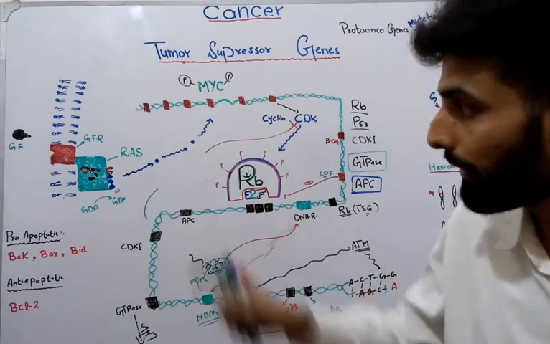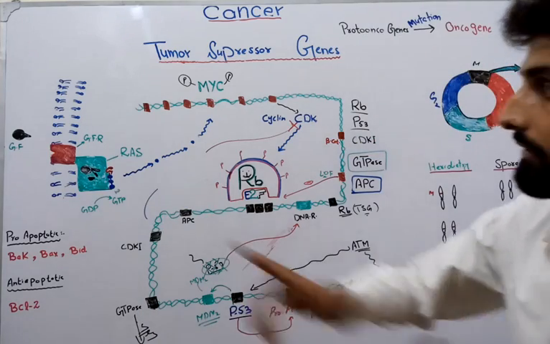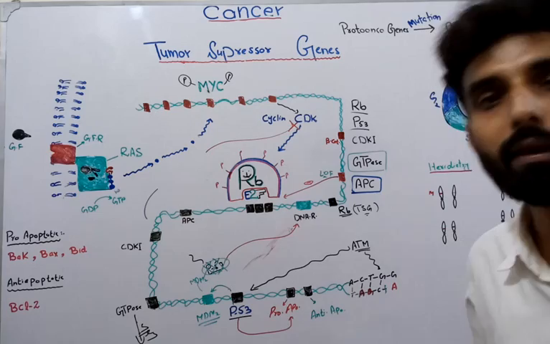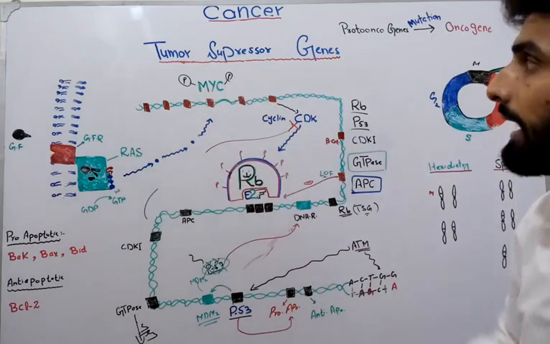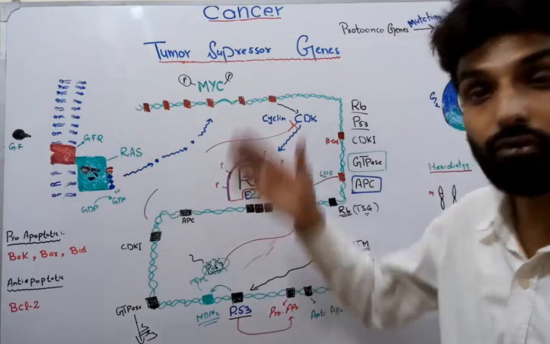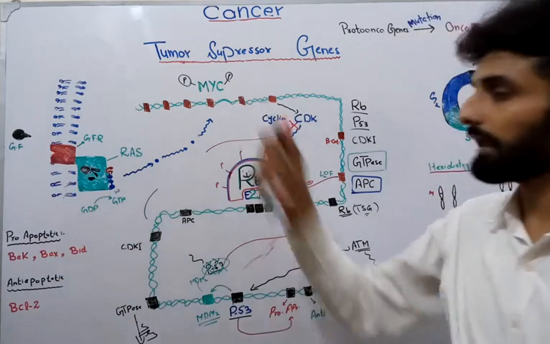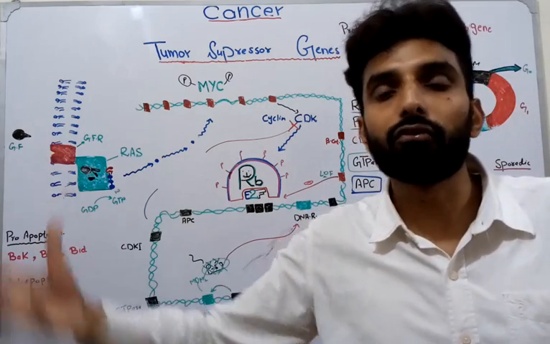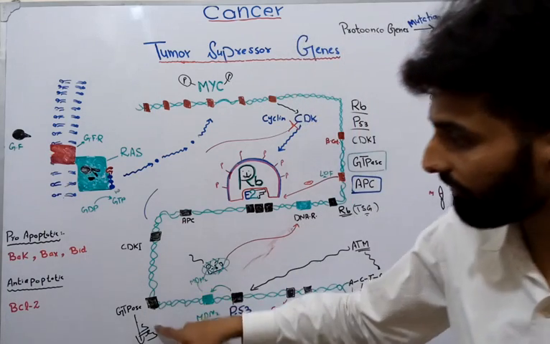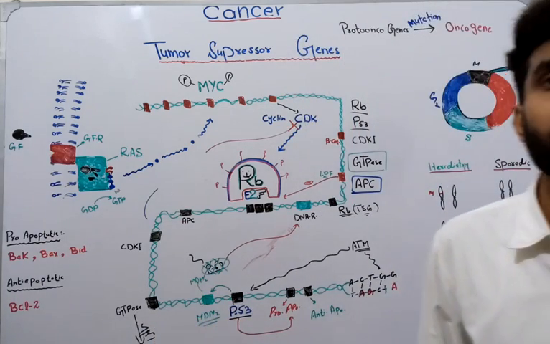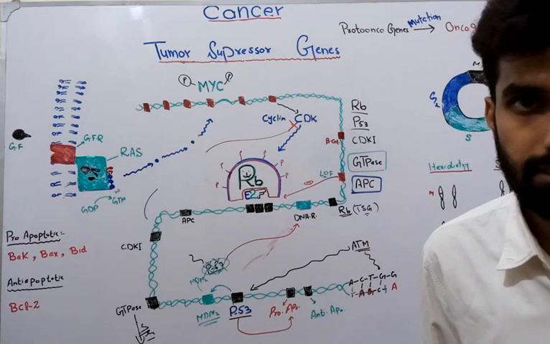It means GTP will stay with the RAS for a longer period of time, and this RAS protein will stay active for longer, and it will keep on sending signals and keep on activating the MYC protein. And we know that MYC is responsible for the transcription of lots of pro-proliferative genes. So this MYC gene will keep on expressing those genes, the proliferation of cells will increase, and it may develop cancer. So a loss of function mutation in GTPase can also lead to cancer.